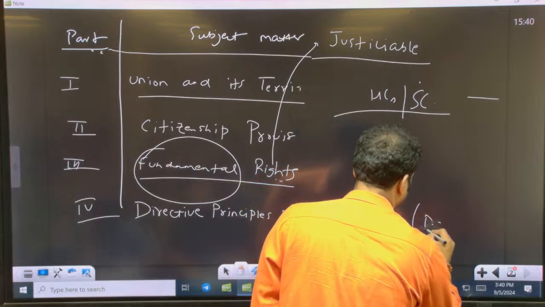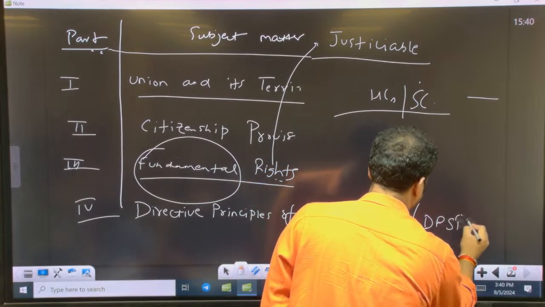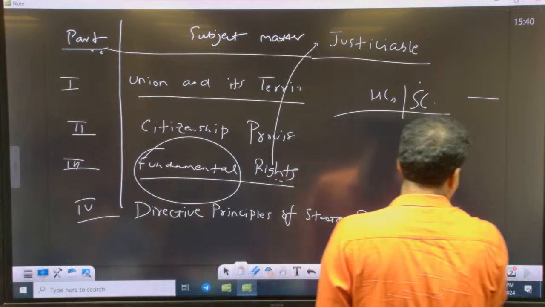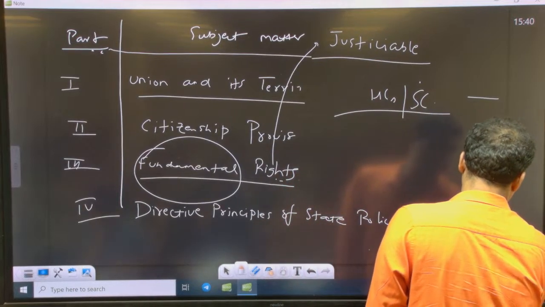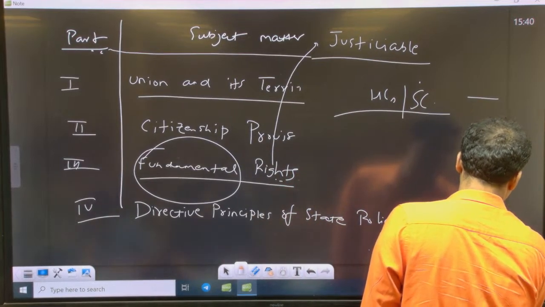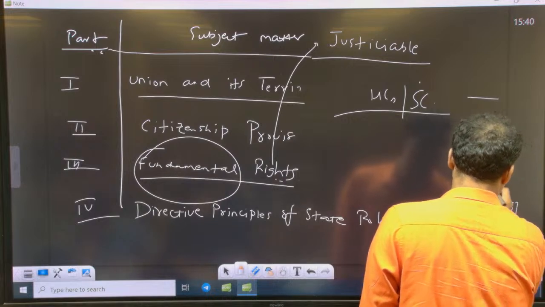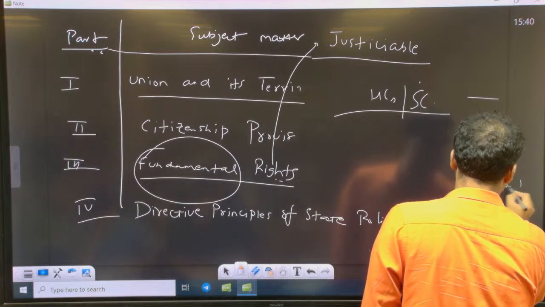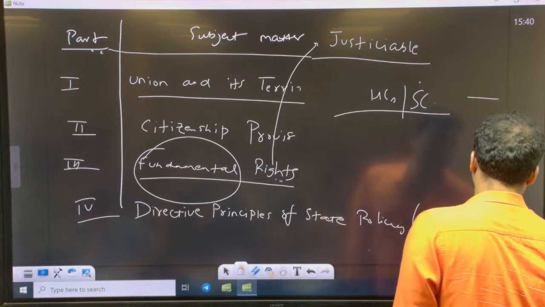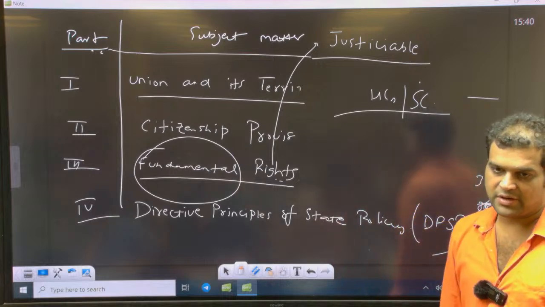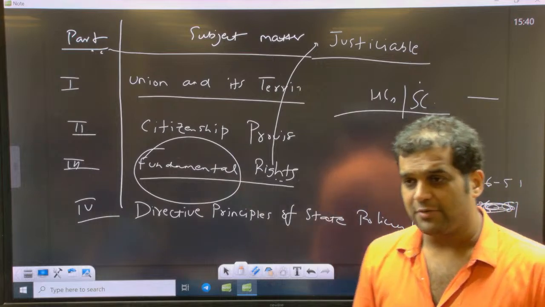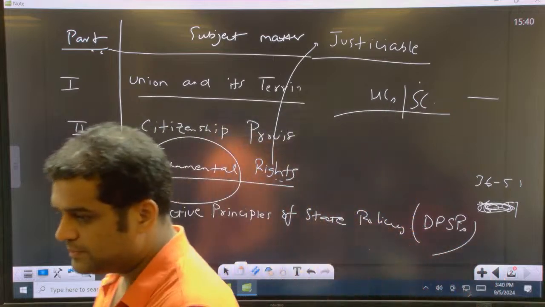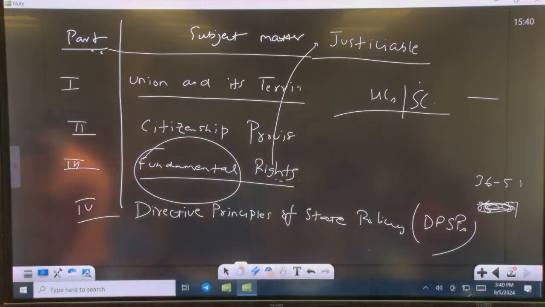In short, they are written as DPSPs. And the articles they cover go from 36 to 51. Directive Principles of State Policy. Part number 4.